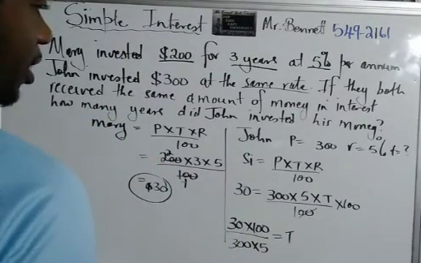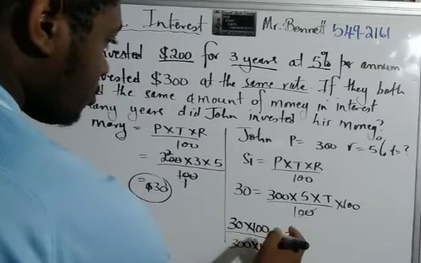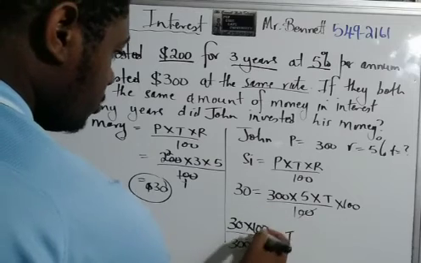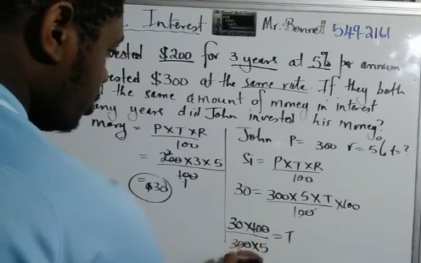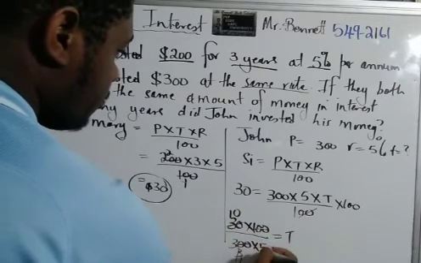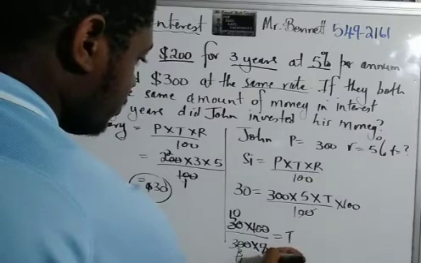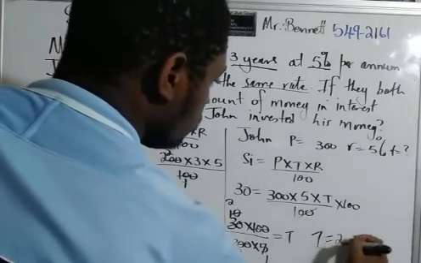Then we can basically cancel down. 3 into 3, 1. 3 into 30, 10. We have 10 over 5 now. 5 into 5, 1. 5 into 10, 2. So the time would be 2 years.